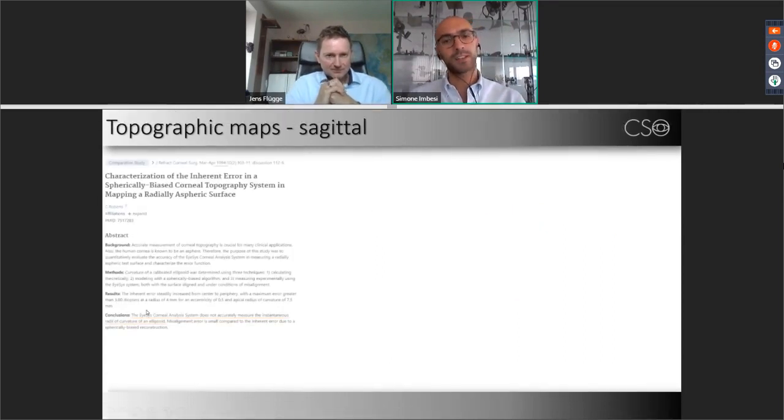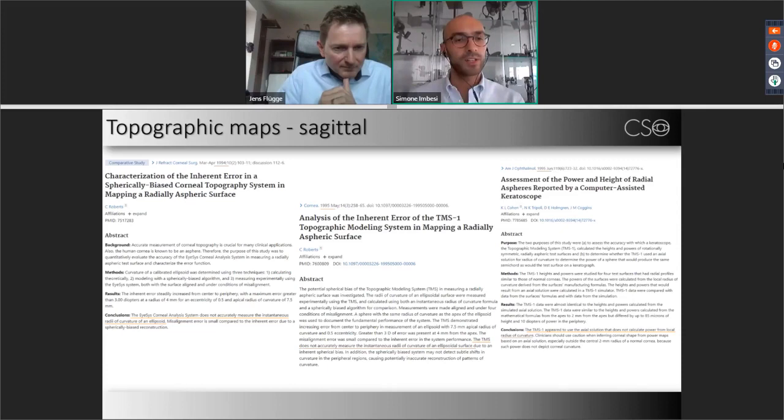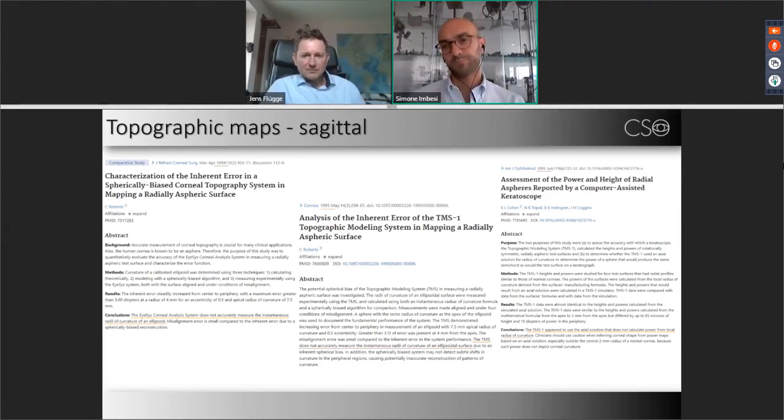Ten years later, with the publication of Stephen Klyce and a large diffusion of refractive surgery treatment, many surgeons complained about low accuracy in this kind of map, especially in the periphery of the reconstruction of the cornea.